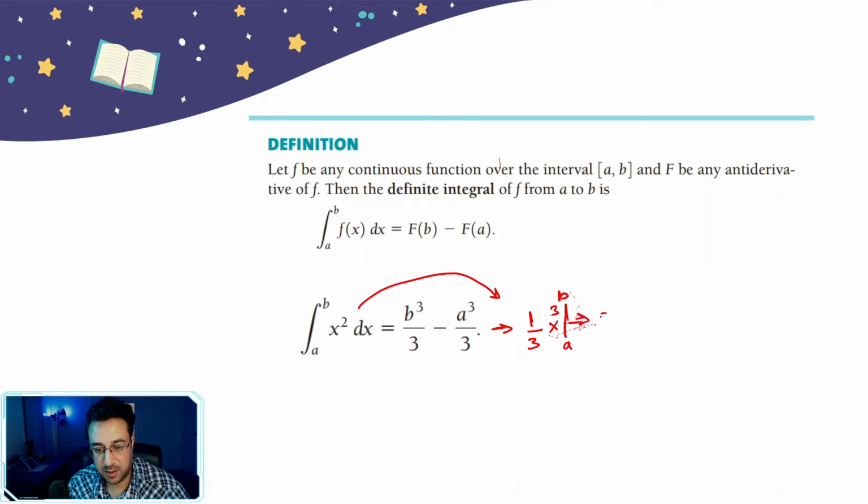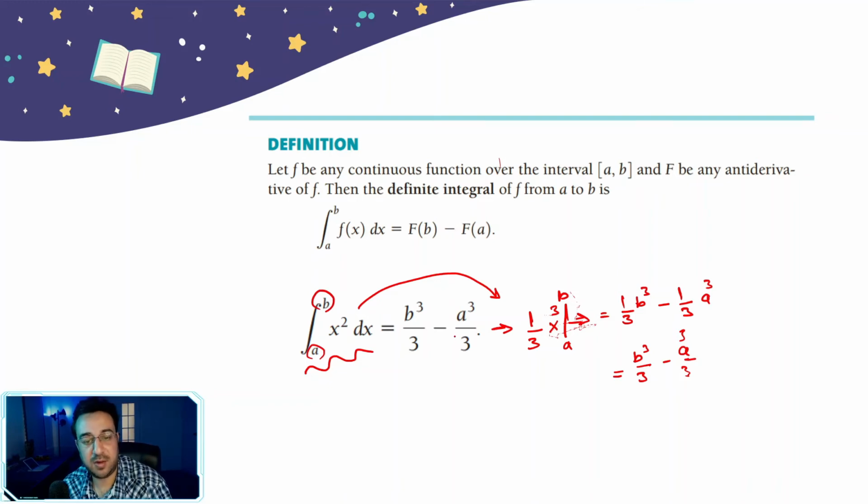Then that would be 1 over 3, replacing the x with b, b cubed minus 1 over 3 a cubed, which is simplified to b cubed over 3 minus a cubed over 3. So without confusing yourself, firstly you solve the integration without replacing the boundary values, then you plug in the boundary values and get your final answer as needed.